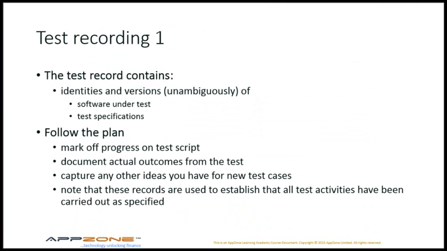You document actual outcomes as compared with your expected results from the test. You capture any other ideas you have for new test cases, perhaps new ideas from the existing test cases. These records are used to establish that all test activities have been carried out as specified.